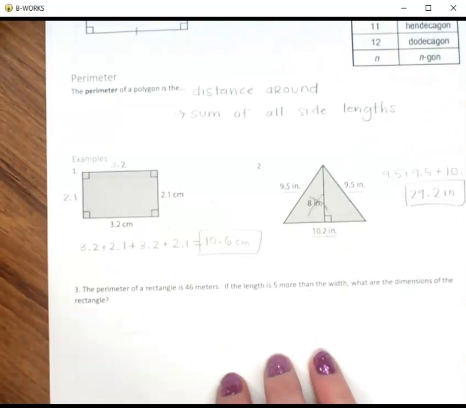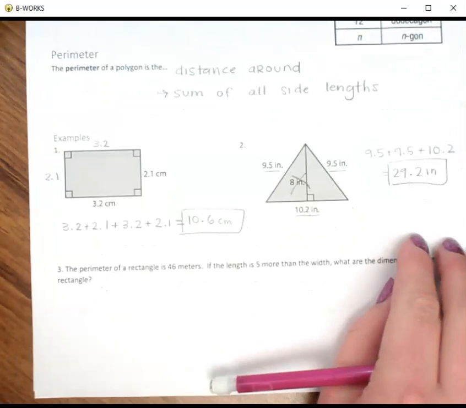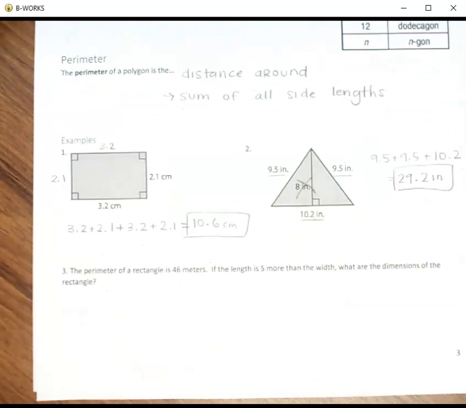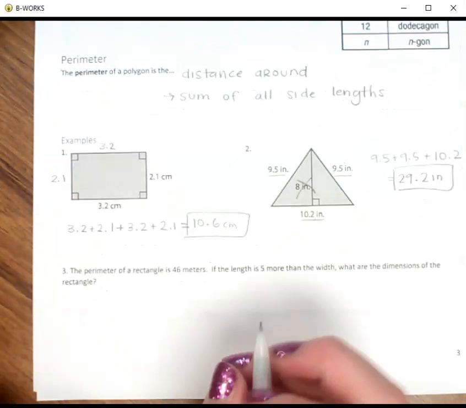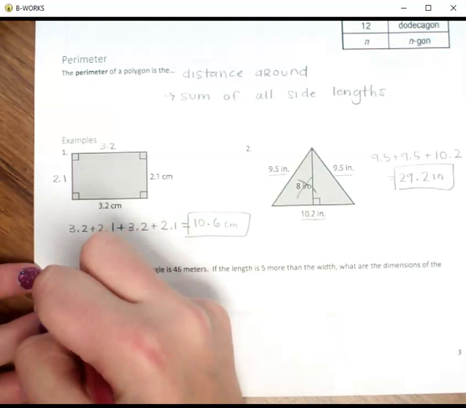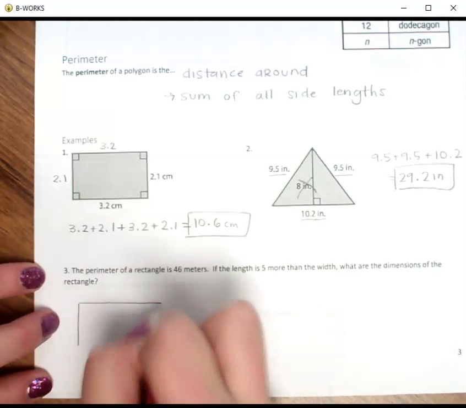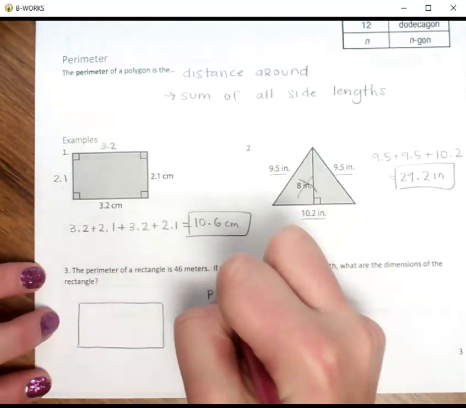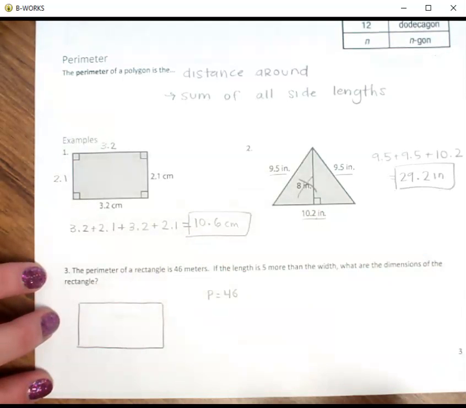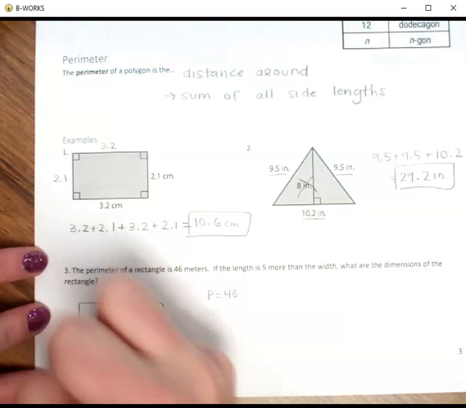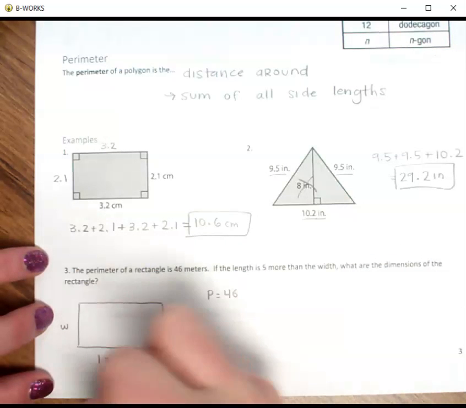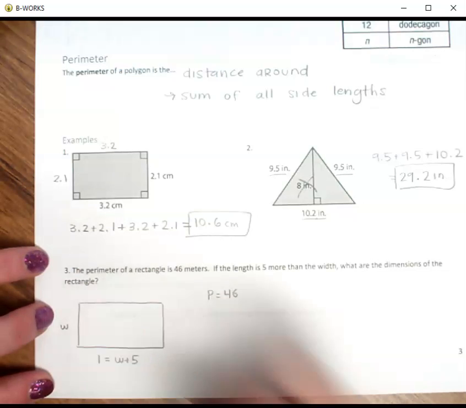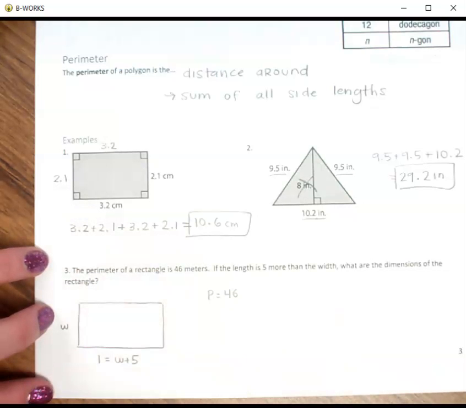All right. Example number 3, word problems, everyone's favorite. The perimeter of a rectangle is 46 meters. So I know that my perimeter is 46 meters. The length is 5 more than the width. So if this is our width, our length here is 5 more than the width.